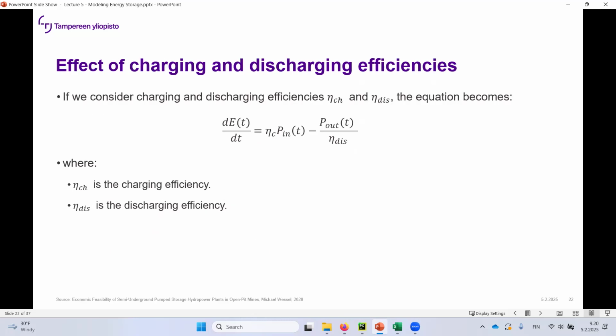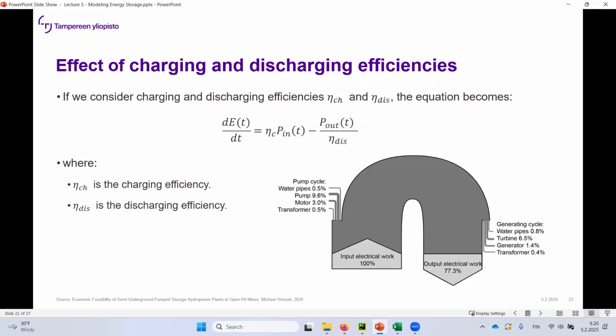And the effect of charging and discharging efficiencies. So you can have discharging efficiencies and charging efficiencies. So they have to be put into the equations. And what it means is that, for example, in this pumped hydro storage system, since you have a different system for charging it, there's this pump that's running the water upwards. So you need water pipes, pump, motor, transformer, and this can be a separate system from the discharge.